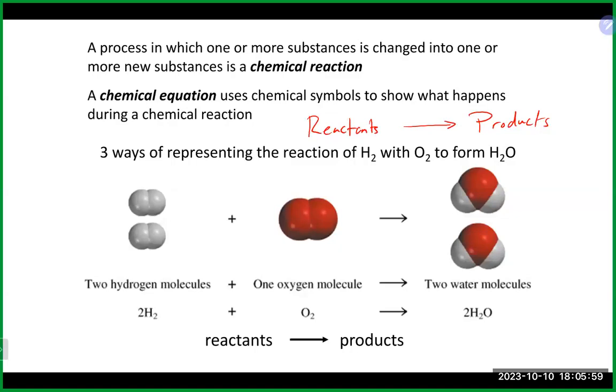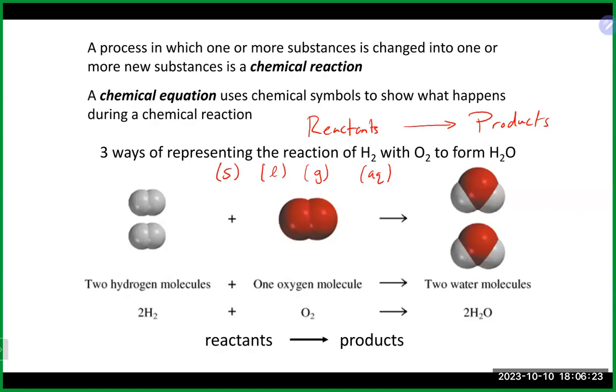We do see a lot of other things in an equation. We do see the states oftentimes given next to the substances in the equation. So it could be in the solid state, the liquid state, the gas state, or the aqueous state, which is a water environment, and it's really a solution.